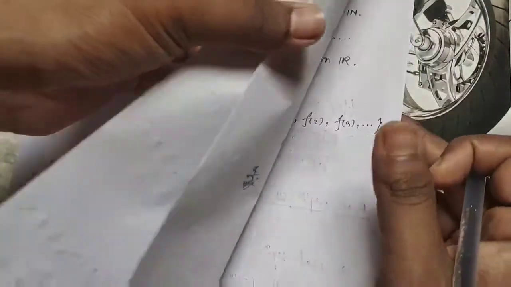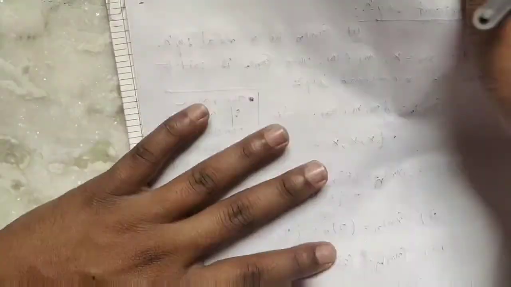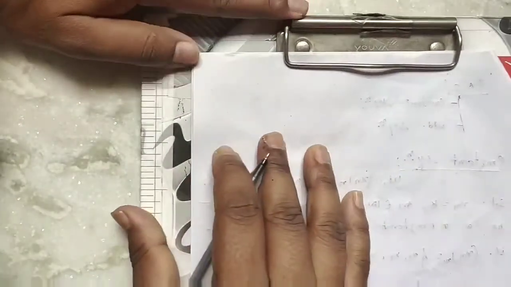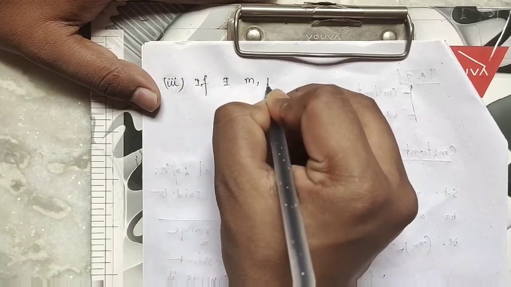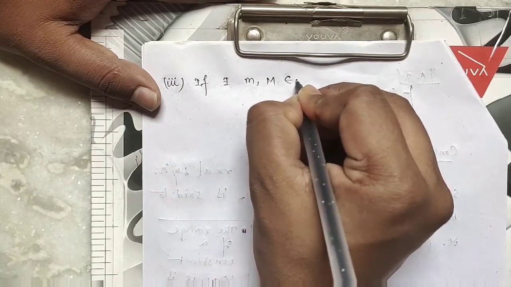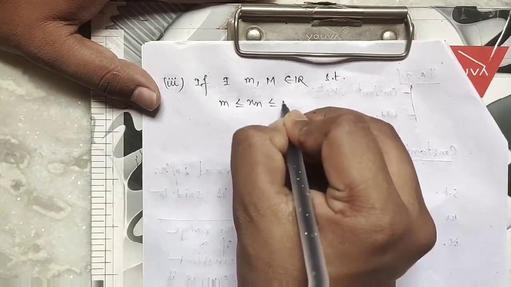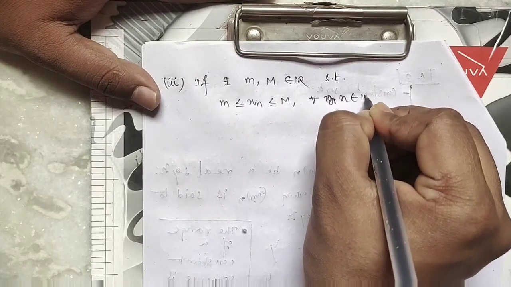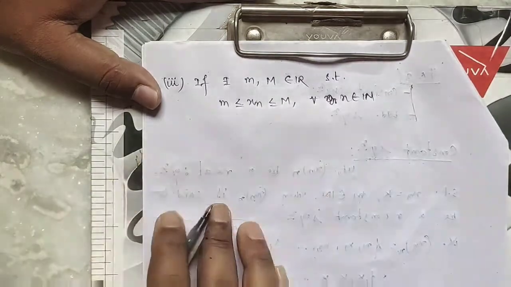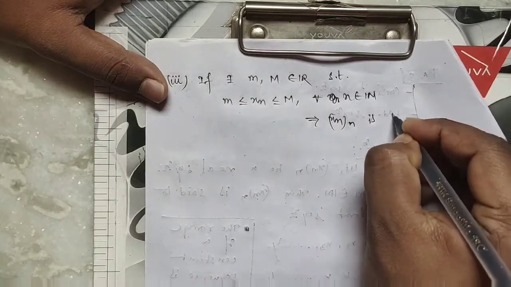Now bounded sequence. Number 3, if there exists a small m and capital M belongs to R such that m less than or equal to xn less than or equal to capital M for all n belongs to N, then the sequence is bounded.